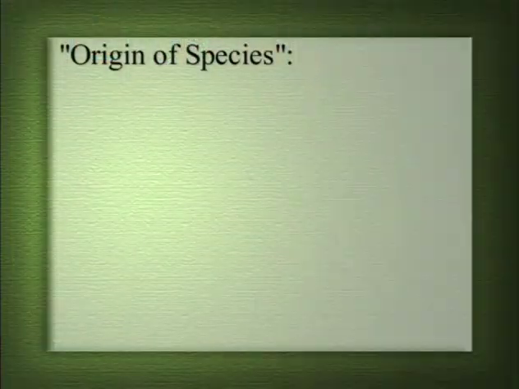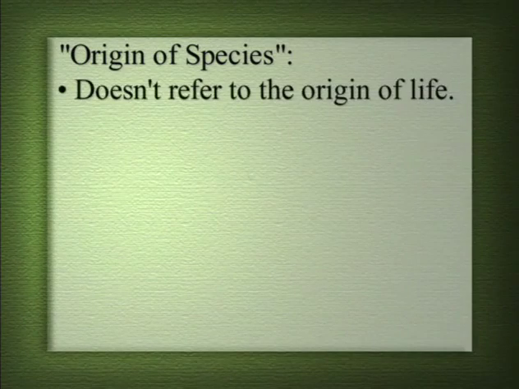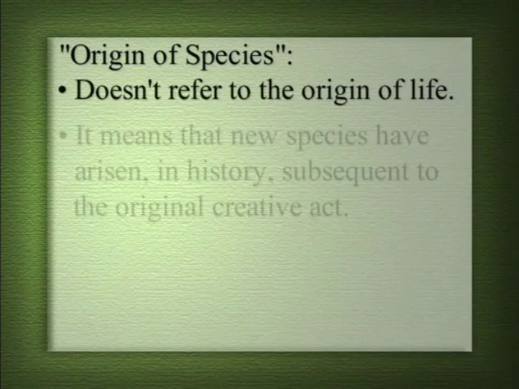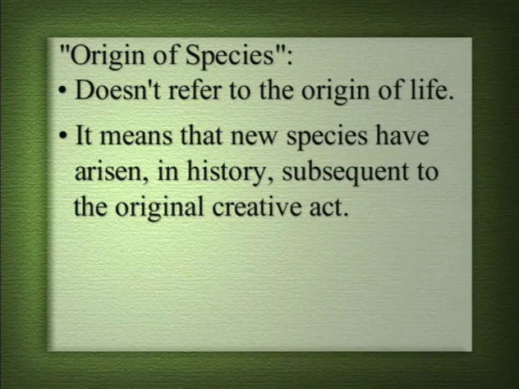Well, I called your attention earlier to the phrase origin of species. That phrase has been made so well known by Charles Darwin that I want to be sure again we realize its precise meaning. It doesn't refer to the origin of life. It means that new species have arisen in history, subsequent to the original creative act that got things going, whatever that creative act was. What Linnaeus was concluding here was that new species had arisen since God's original creative decree.